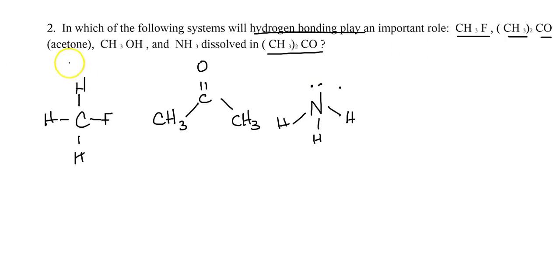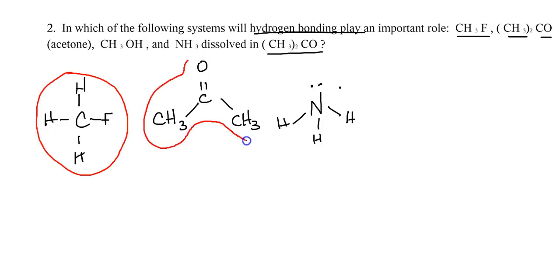Well, this compound right here has no ability to hydrogen bond with itself. And acetone has no ability to hydrogen bond with itself as well. In fact, these two molecules do not have any electron deficient H's.